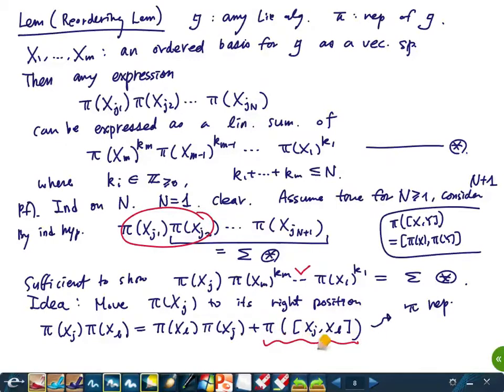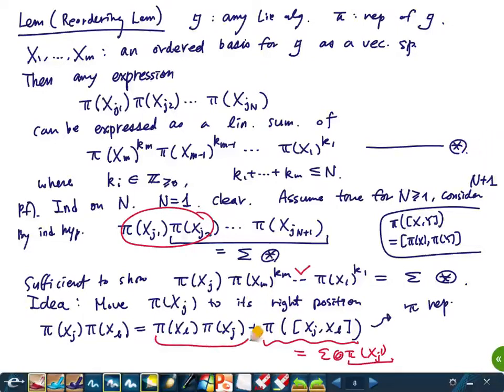But now, what happens? You can write this as a sum of ordered basis elements, x_j prime or something like that. But then we have only n factors. We can use the induction hypothesis to write this as a sum of this.